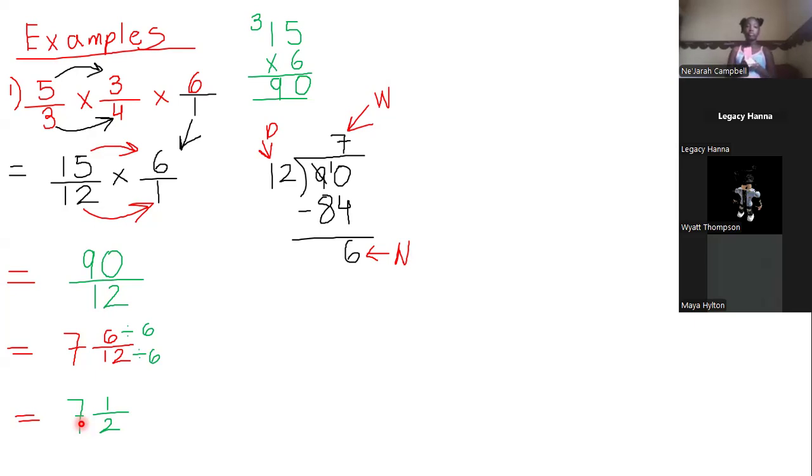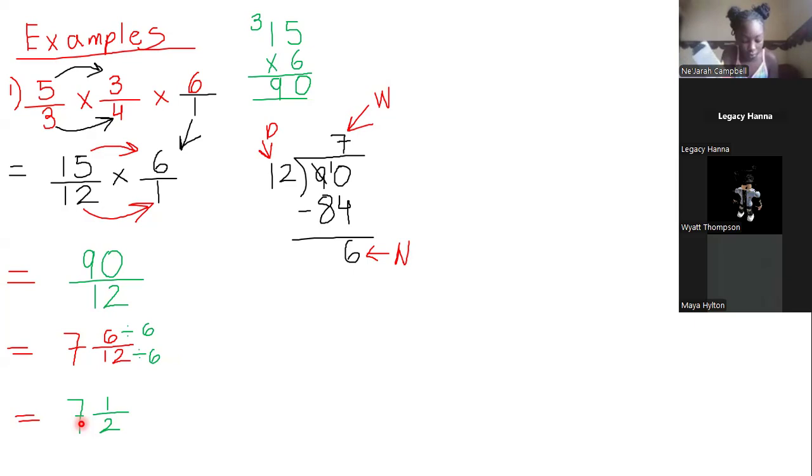Yes, sir. Explain how I got 7 and 1/2. So first you did 5 times 3, and then 3 times 4. And then I make it like 15/12. And then you bring down the 6 over 1. And then you multiply 15 times 6 and 12 times 1.